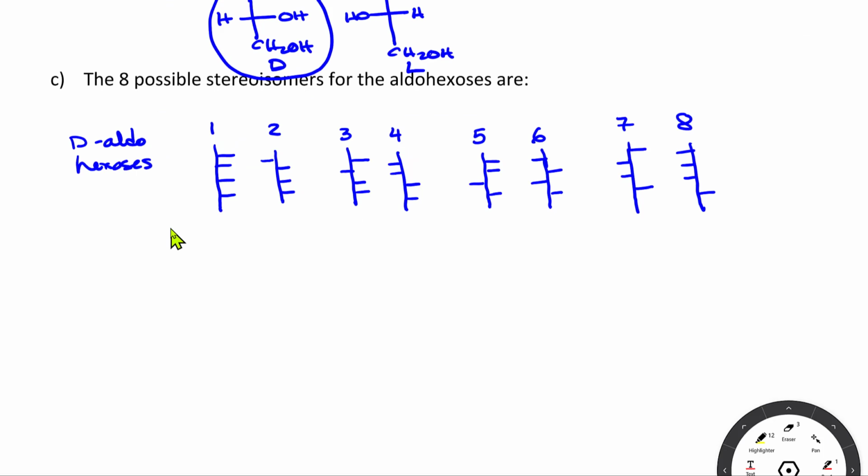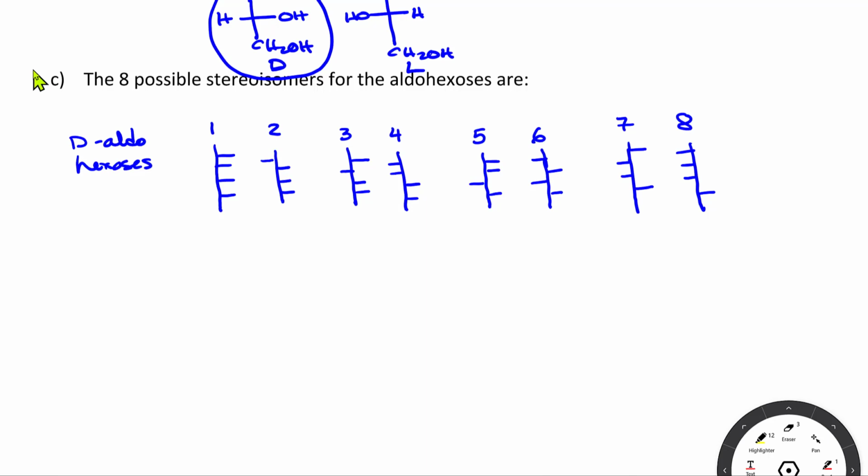So here are the structures, and I drew them in pairs because Fischer knew that if you made the osazones of these, they gave the same crystals. So he knew that they were paired up. You could also get that information from doing Ruff degradation and showing that you end up with the same structure from different sugars. But anyways, he knew that there were pairs of them.